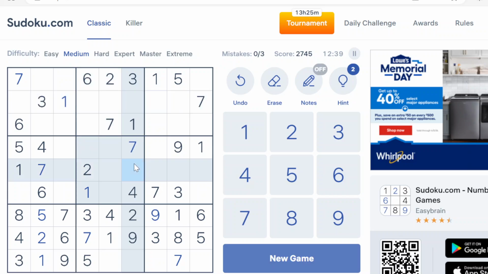Okay, so I guess maybe we could try to finish this column. So this column has 3, 1, 7, 4, 2, 9, which means that it's missing 5, 6, and 8.